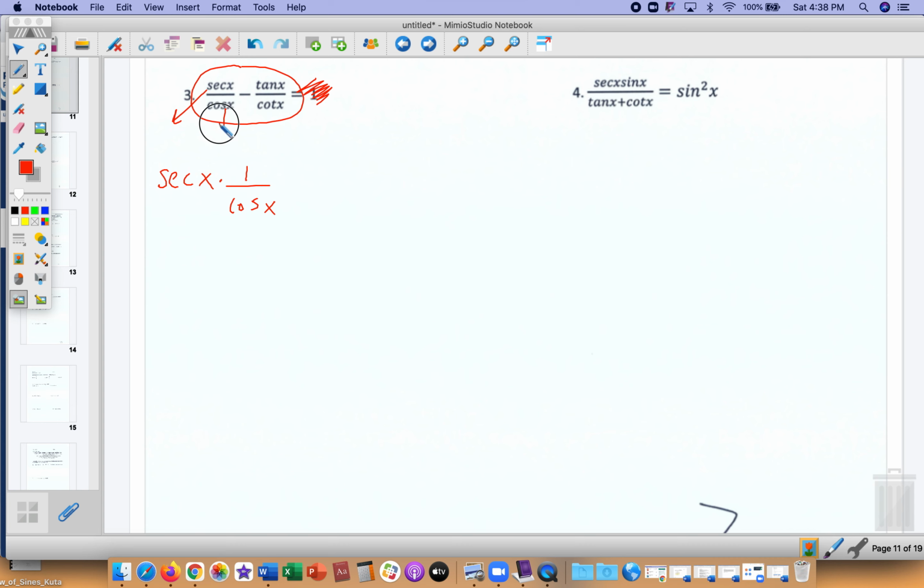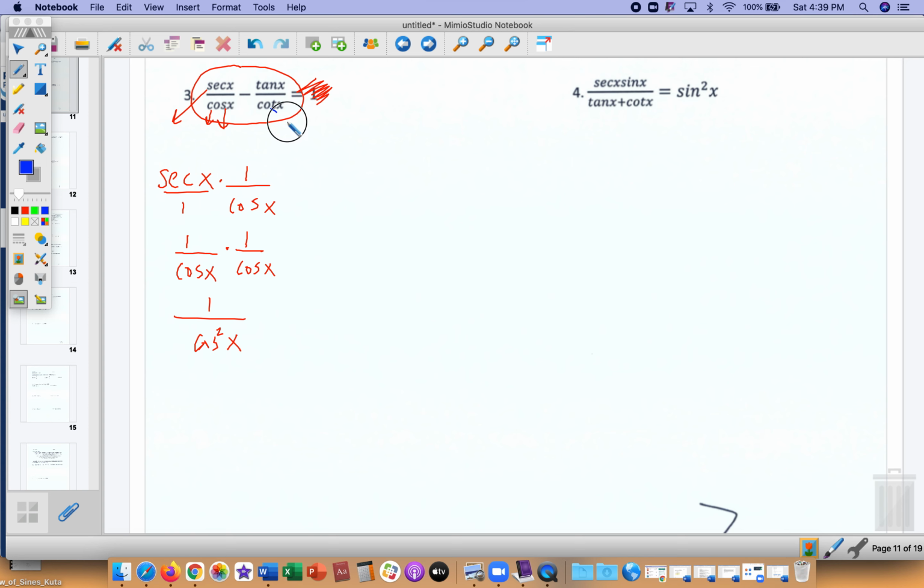I'm going to first work with this, okay? So secant x times 1 over cos is the same as secant over cos. So secant I can rewrite as 1 over cos x, and we multiply that by 1 over cos x. So that's 1 over cos squared x.